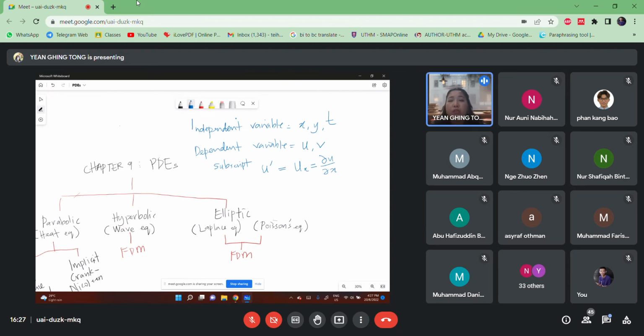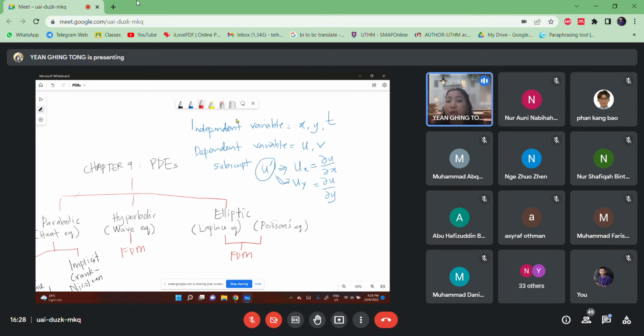It can also be u y, that means partial derivative of u with respect to y. That's why we rarely use u prime in PDE, because we have more than one independent variable.